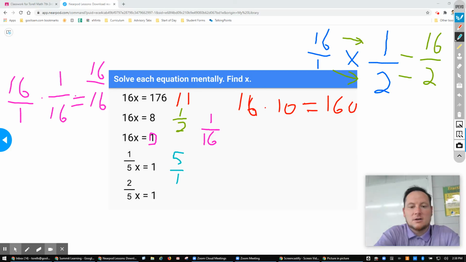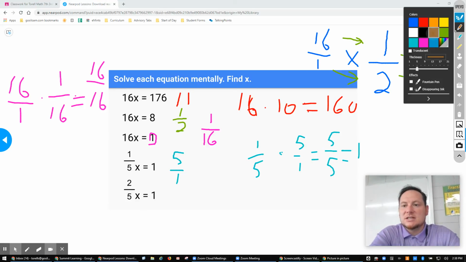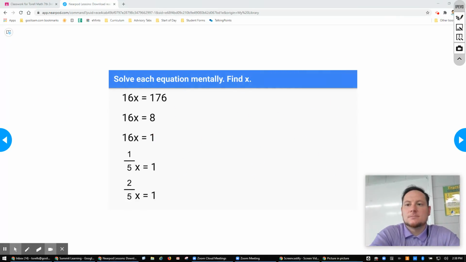And we can work that out here just to make sure. So 1 over 5 times 5 over 1, multiply straight across. 1 times 5 is 5, and 5 times 1 is 5, which does indeed give us 1. So hopefully with that, you're able to see the pattern that we're talking about.